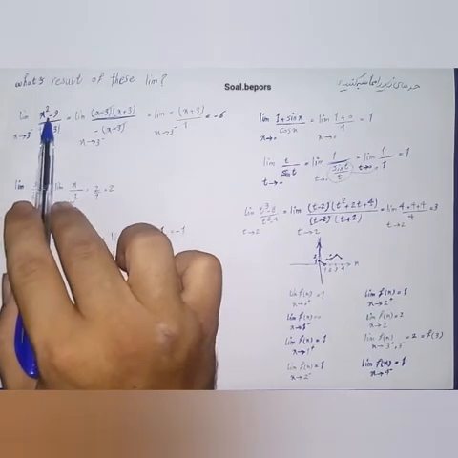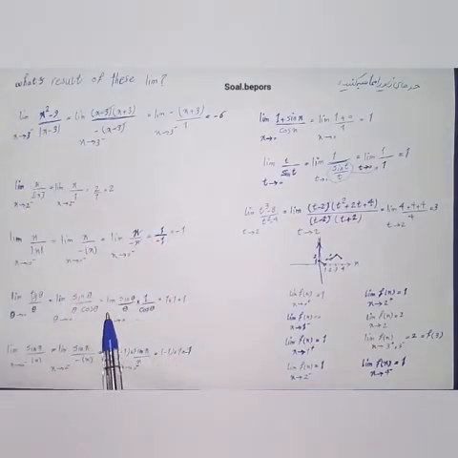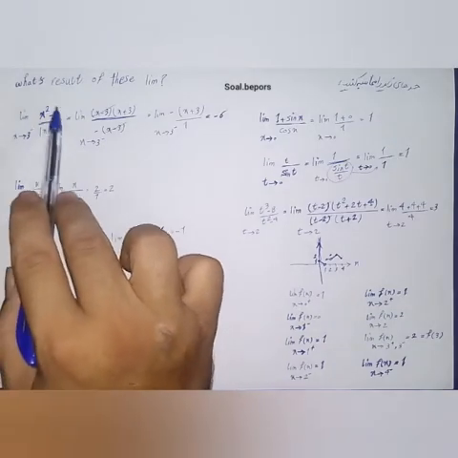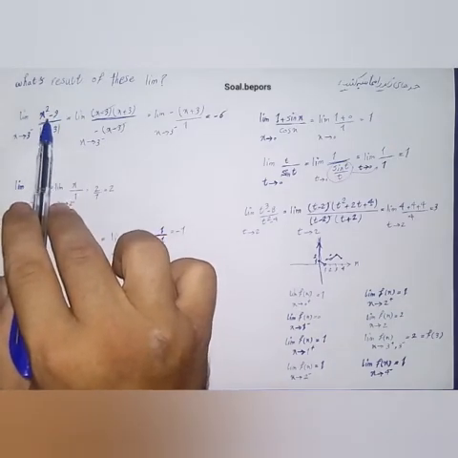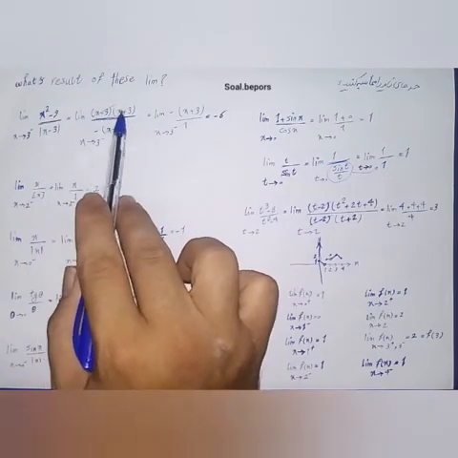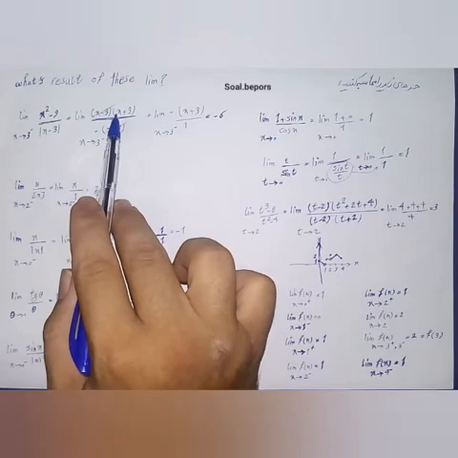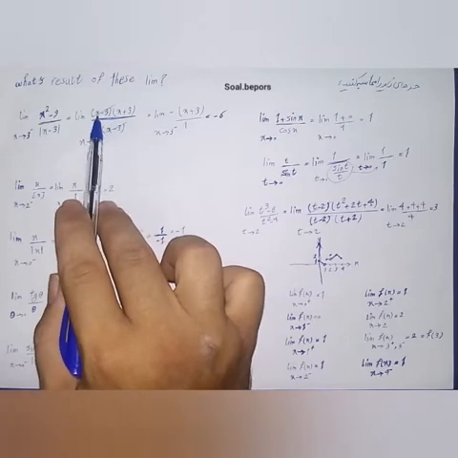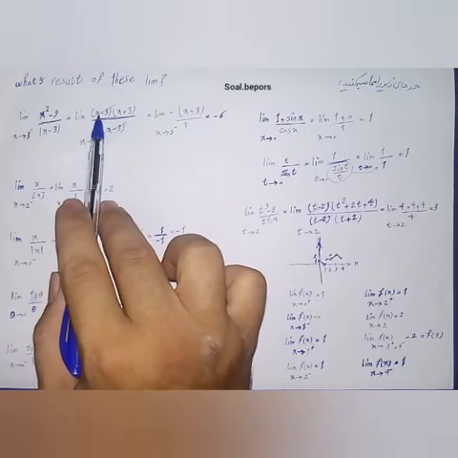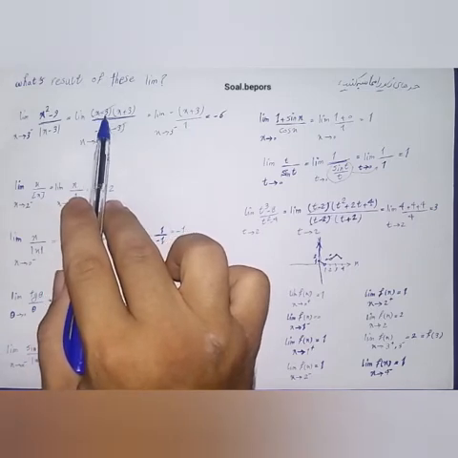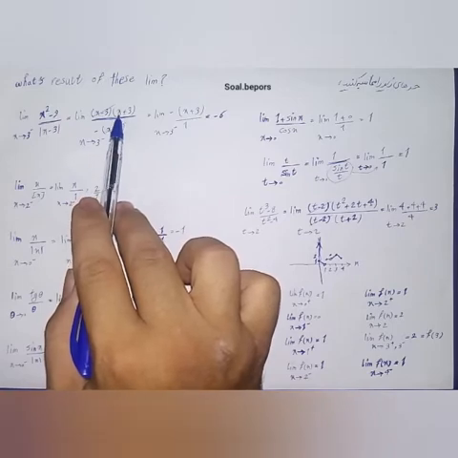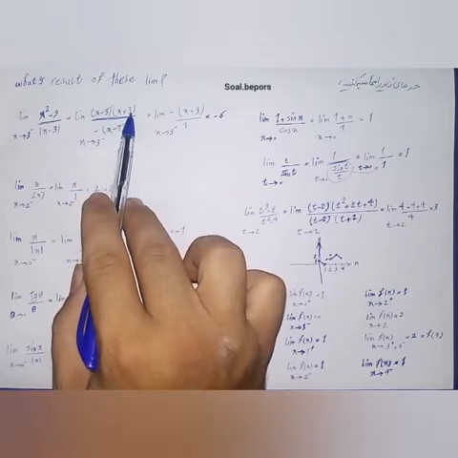We simplify the numerator into two parts by factoring, as in mathematics. X power 2 minus 9 by factoring is x minus 3 multiplied by x plus 3.